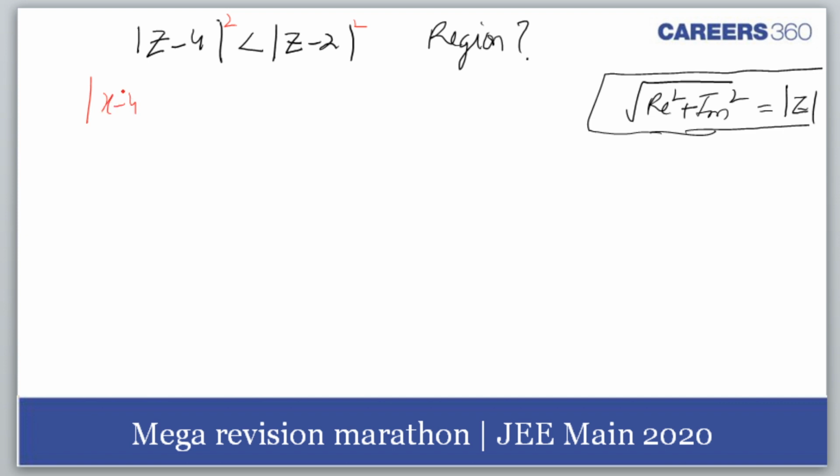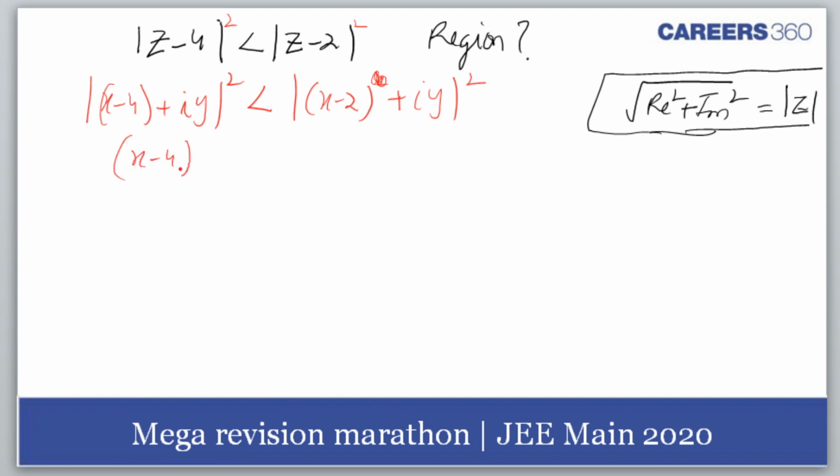I can write mod of x minus 4 plus iota y, squared, on this side, and mod of x minus 1 plus iota y, squared, on the other. This would be x minus 4 whole square plus y square, and this side it would be x minus 1 whole square plus y square.